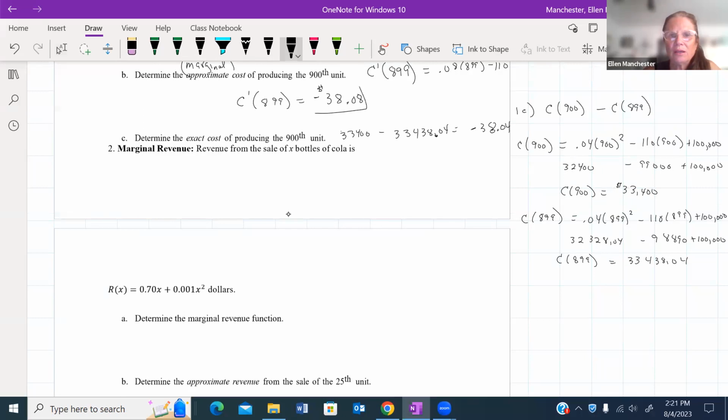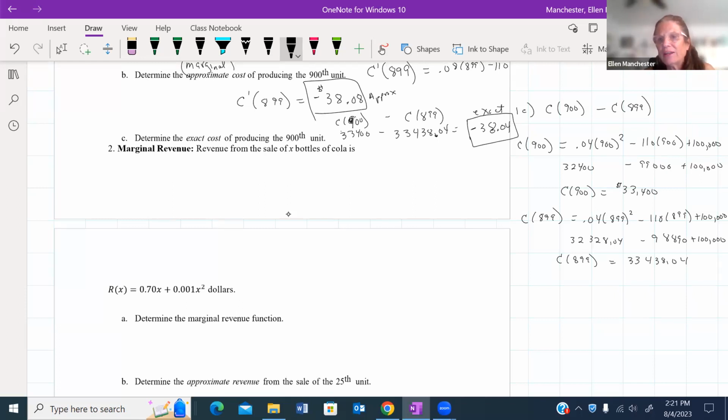You can see that these two are very close. So remember, this is the cost of 900 products minus the cost of 899 products, so this is the exact. This is the approximate, and they should be very, very close.